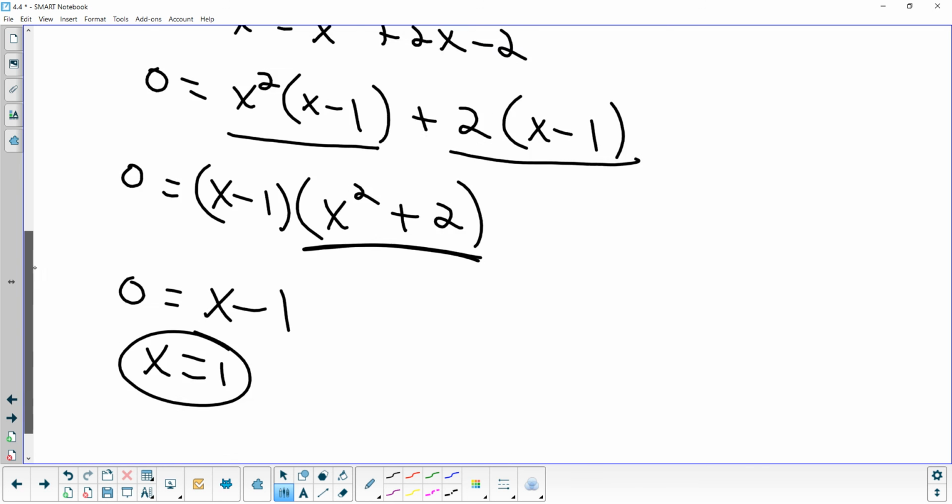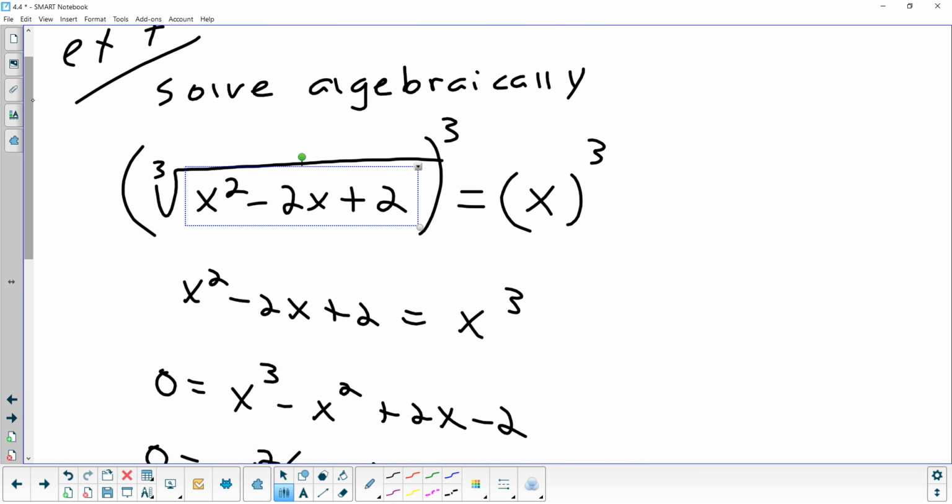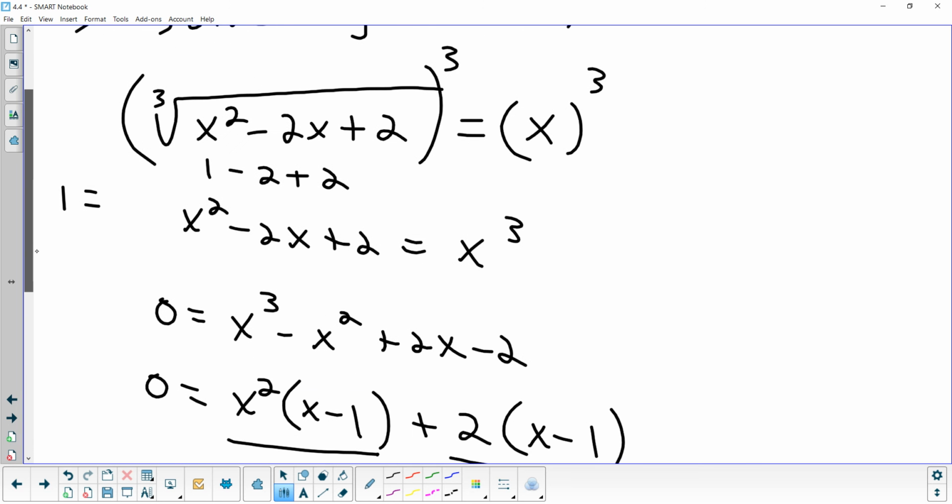Let's check it and make sure it's not extraneous. What's 1 squared? 2 times 1? 2. What's 1 minus 2? Negative 1 plus 2. What's the cube root of 1? So we got a 1 on the left. And what did we plug in? 1.